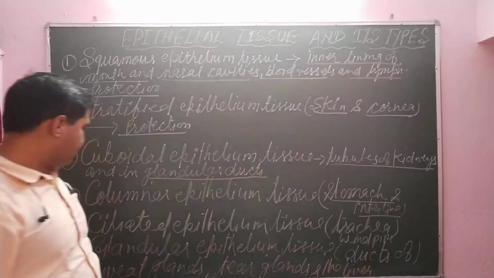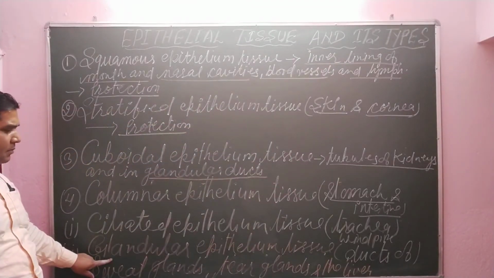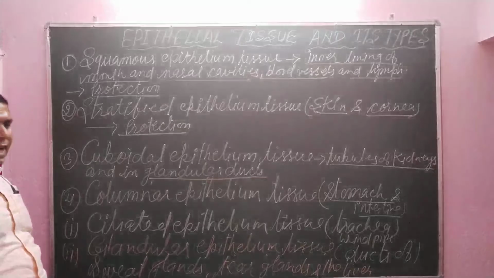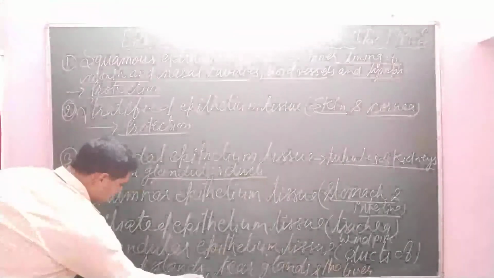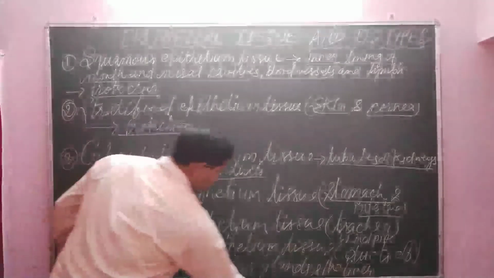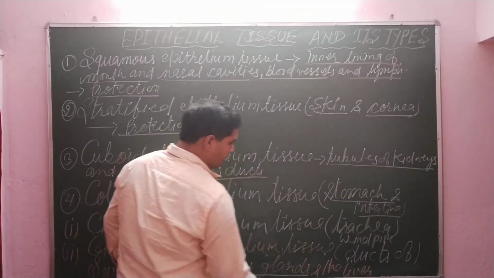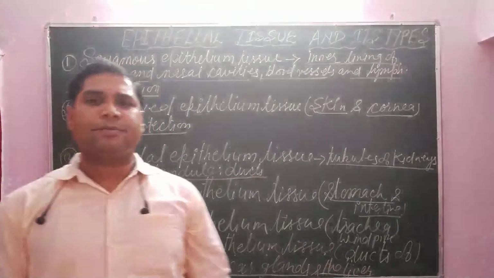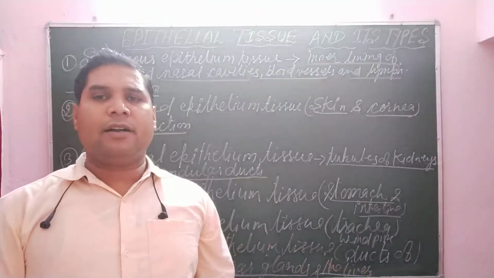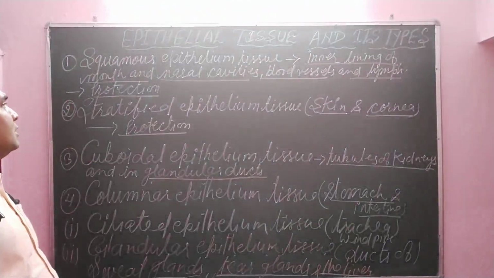So dear student, glandular epithelium tissue is present in the duct of the sweat glands, tear glands, and the liver. So dear student, these are the types of the epithelial tissue.